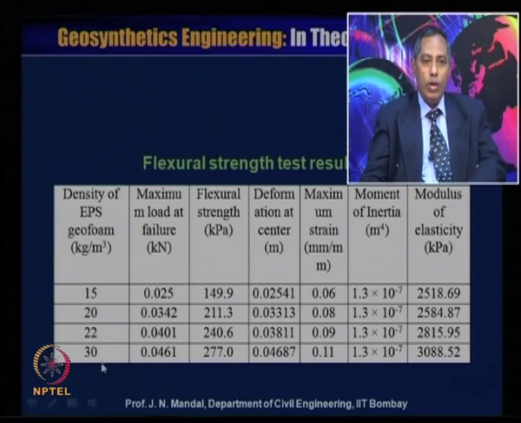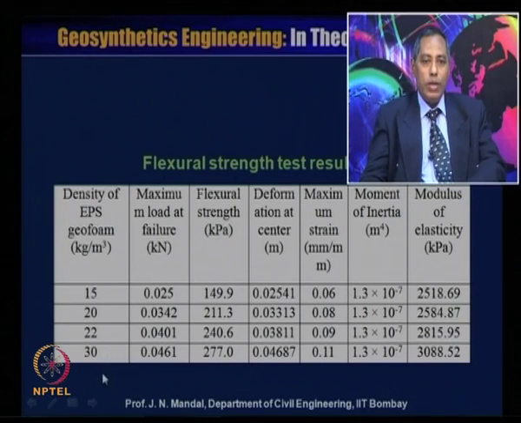When the density of the EPS geofoam is 22 kg per meter cube, the maximum load at failure is 0.0401 kilonewton, flexural strength 240.6 kilopascal, deformation at center 0.03811 meter, maximum strain 0.09, moment of inertia 1.3 into 10 to the power minus 7 meter to the power 4, and modulus of elasticity 2815.95 kilopascal.